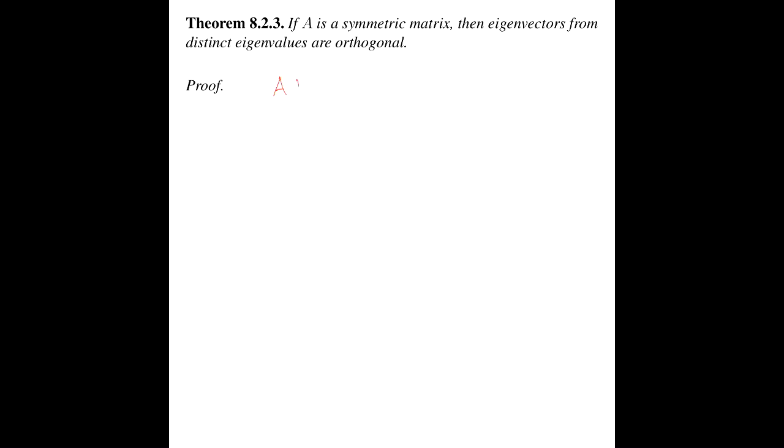So let, for example, Vi be the eigenvector of A with eigenvalue lambda i, and Vj be an eigenvector of A with eigenvalue lambda j.